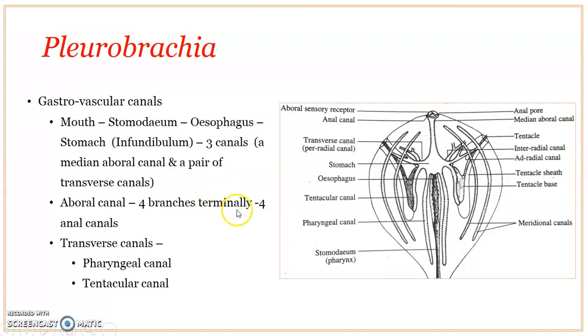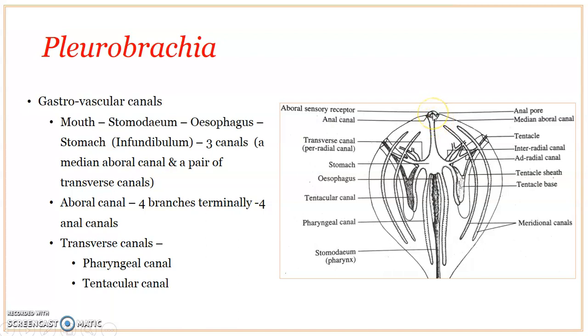You can see the four branches here, and these four branches are referred to as the anal canals. So this single median aboral canal branches into four smaller canals towards the aboral surface, and these are the anal canals. These anal canals are seen around the aboral sense organ.